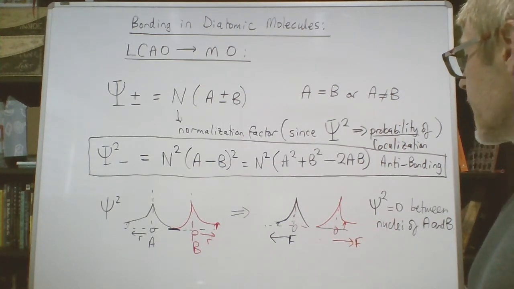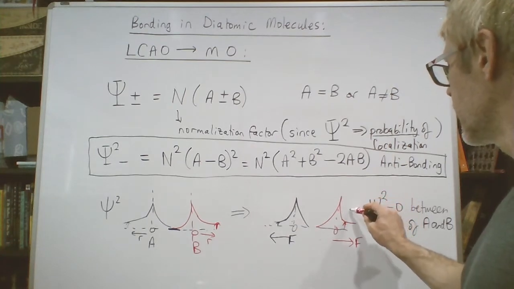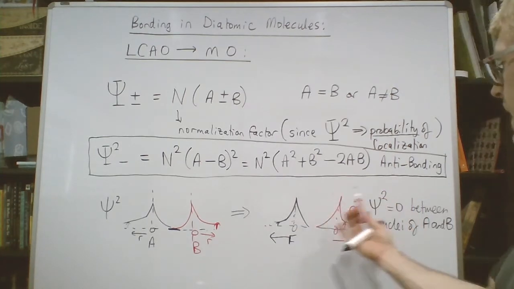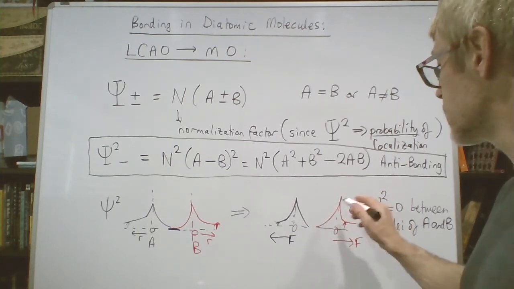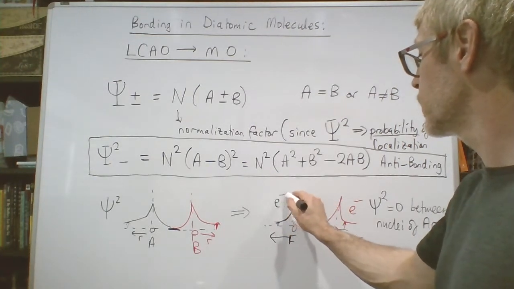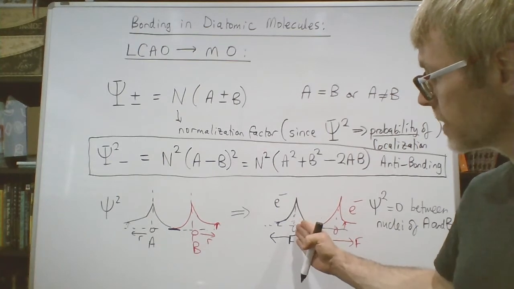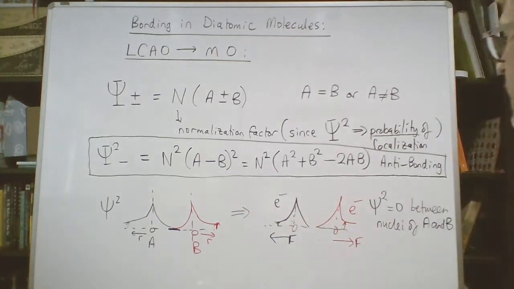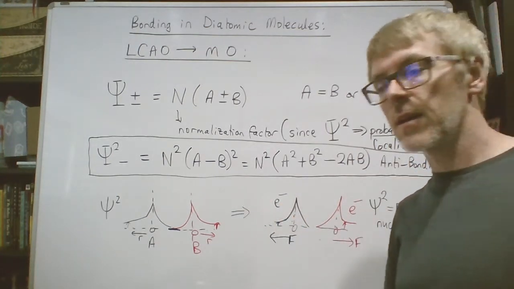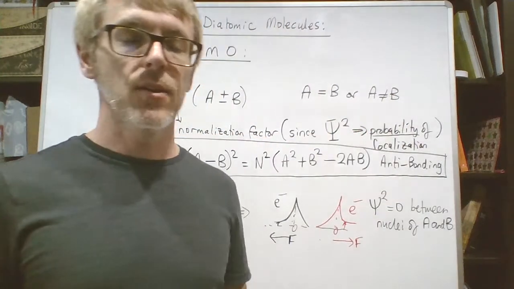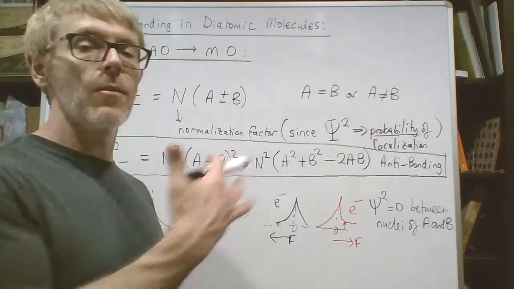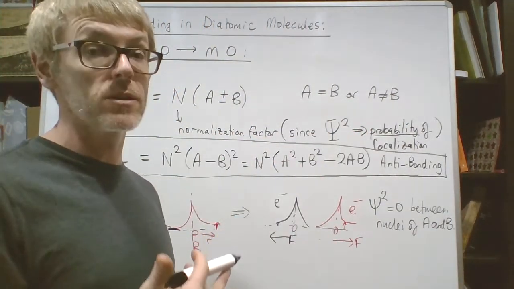So we actually have more electron density outside of the internuclear region than we do between the internuclear region. So there's a force on the positive nucleus pulling it away. So not only is anti-bonding not only the lack of a positive interaction, there's actually a repulsion.